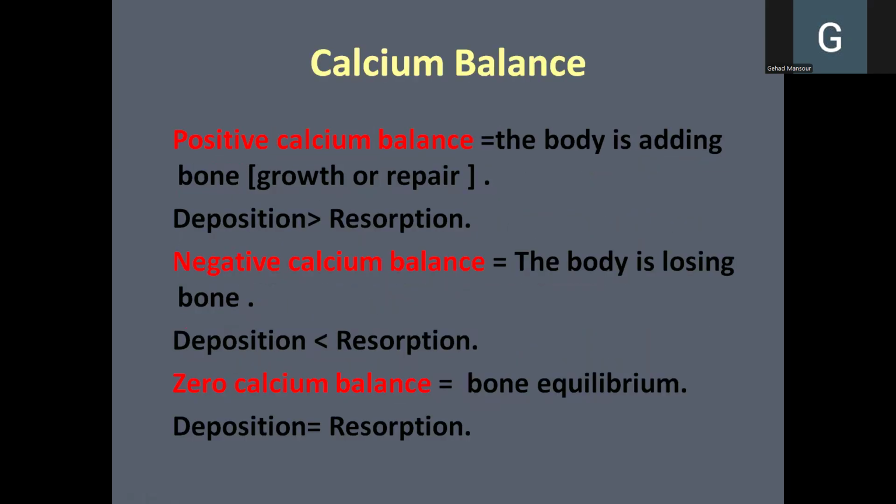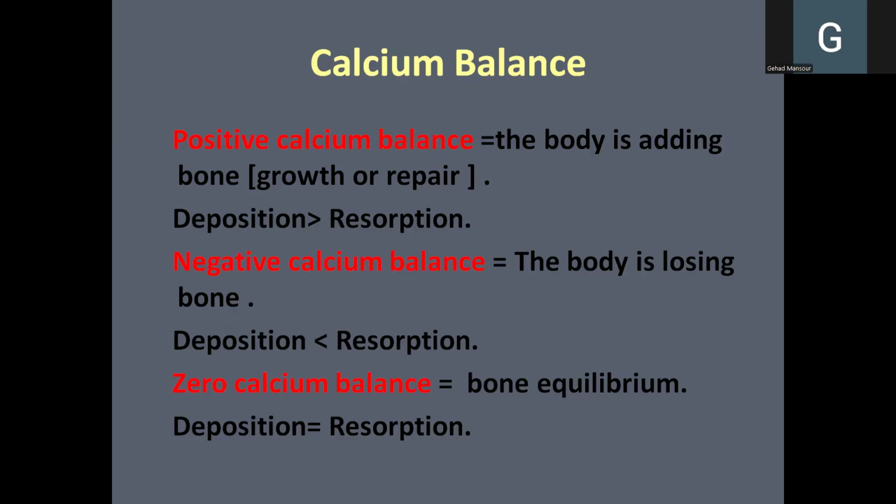So all the time we have a certain kind of balance that involves the level of calcium and phosphorus in the blood, which we call the calcium balance. We will be focusing only on the calcium balance.